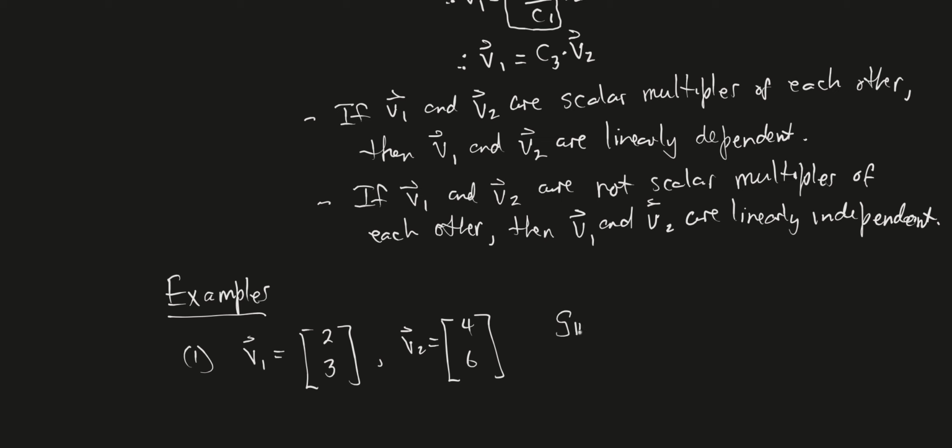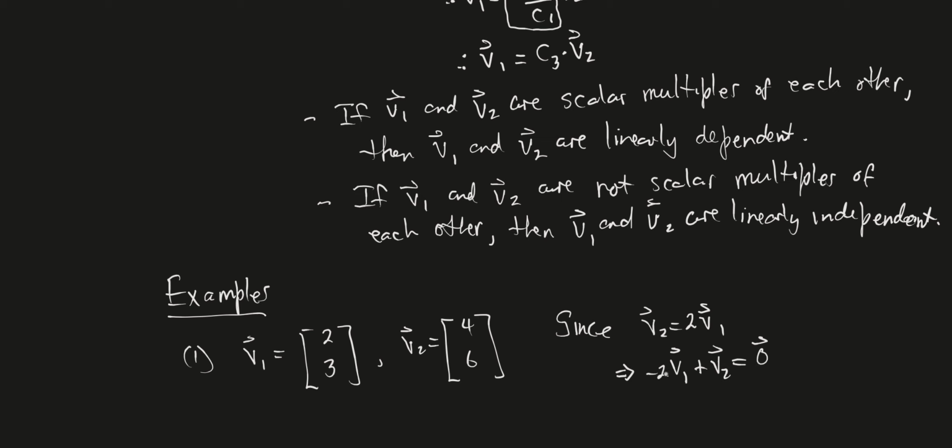So since, let me write it this way, V2 is 2 times V1. Notice what I can do now. If I subtract 2 V1 from both sides, this implies that negative 2 V1 plus V2 has to be the zero vector. So there is our non-trivial solution to this equation.